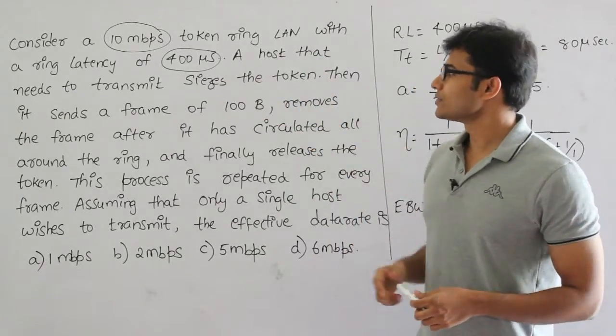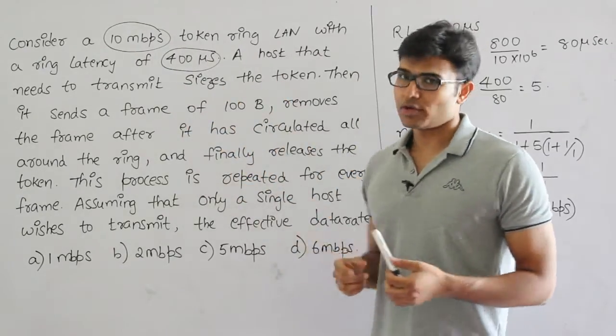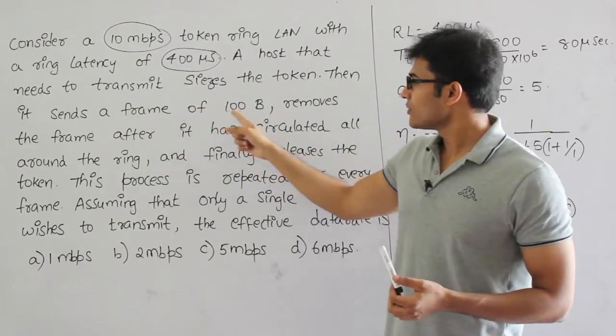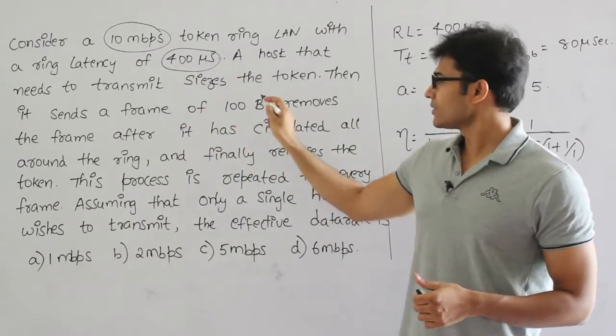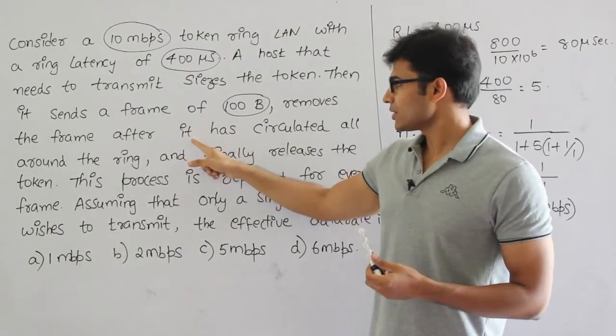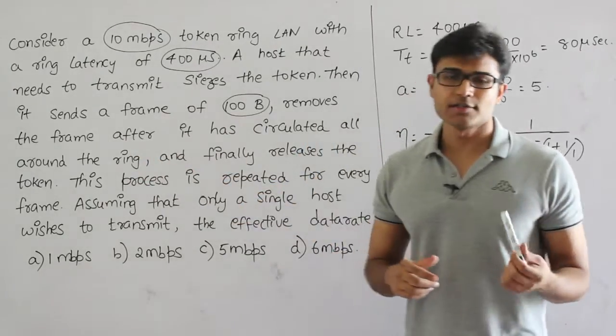A host that needs to transmit, which means if a host wants to send a packet, seizes the token, which means it will take the token, then it sends a frame of 100 bytes, which means the size of each frame is 100 bytes, and removes the frame after it has circulated all around the ring. So what does it mean?